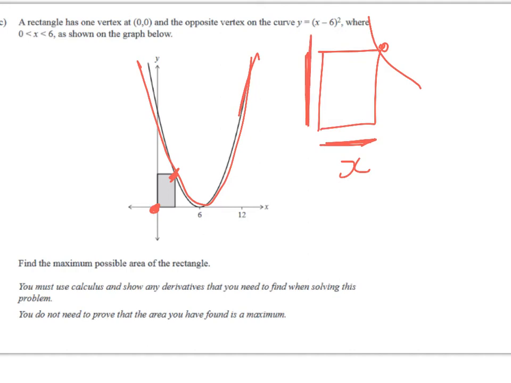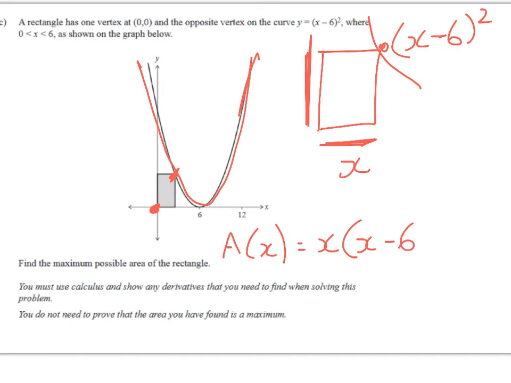What will the length be? Well, if it's on the curve, this value must be x minus 6 squared. So that means that the area of the rectangle will be length times width, so x times x minus 6 squared.